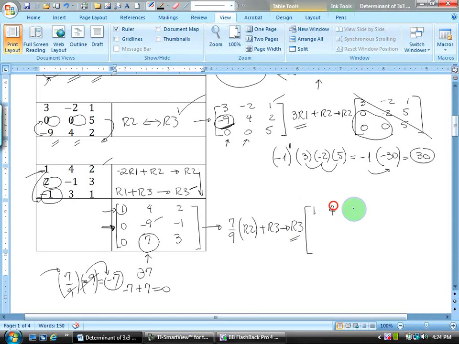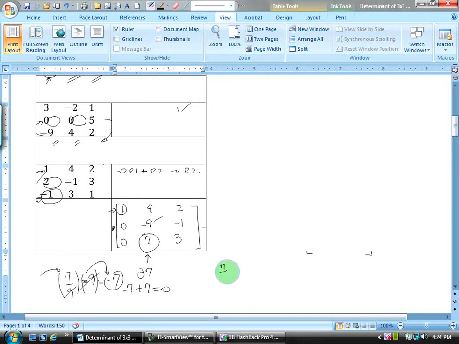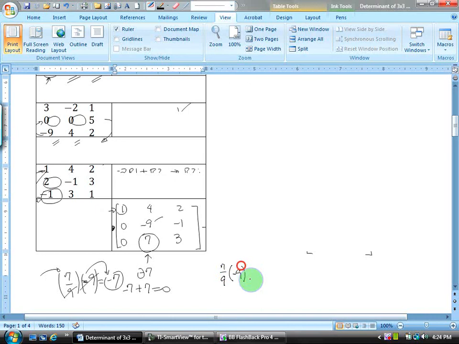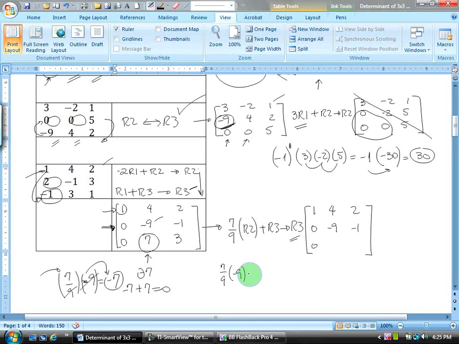So row 1 stayed the same. I copy it. Row 2 stays the same, so I copy it. Row 3 changes. That multiple times 0 plus 0 is 0. That multiple, 7 over 9, times minus 9 gives me minus 7 plus 7 equals 0.